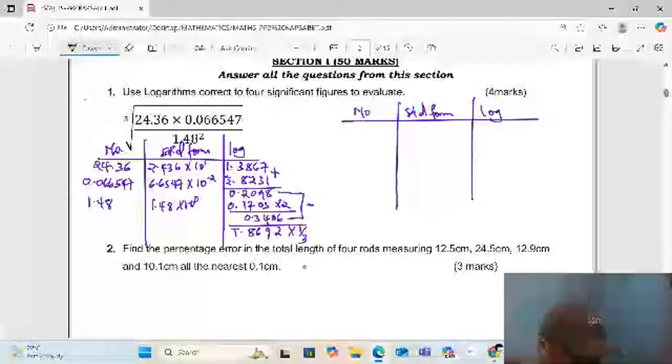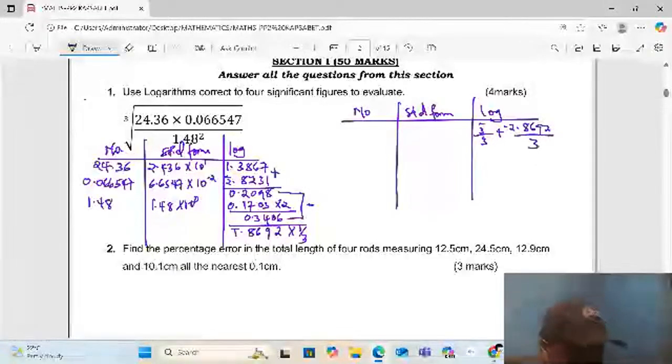Now we have negative 1, or what we call bar 1.8692. We divide by 3. So what we do is separate the bar 1 so that we have negative 3, that is bar 3, divided by 3, plus we separate it into 2.8692.